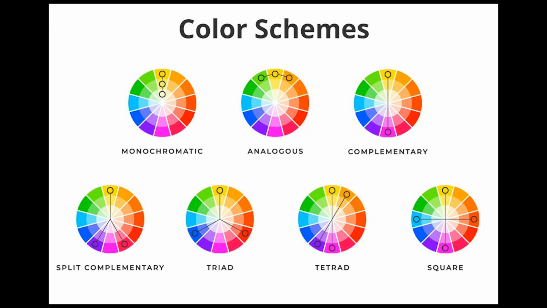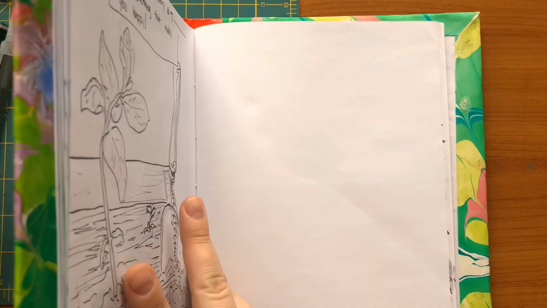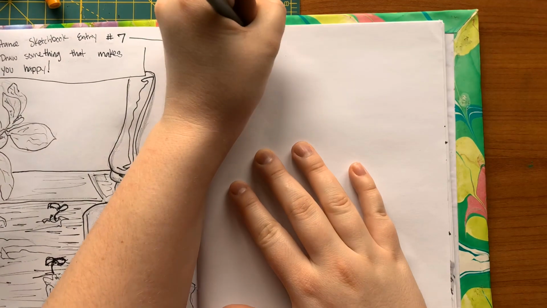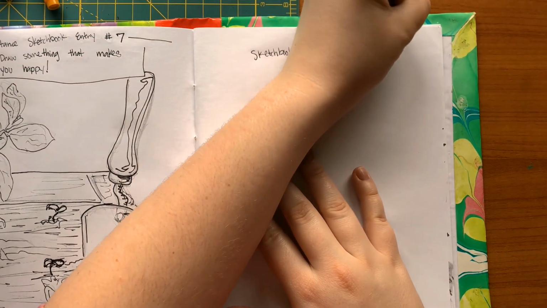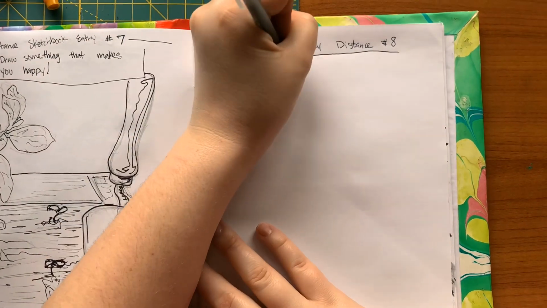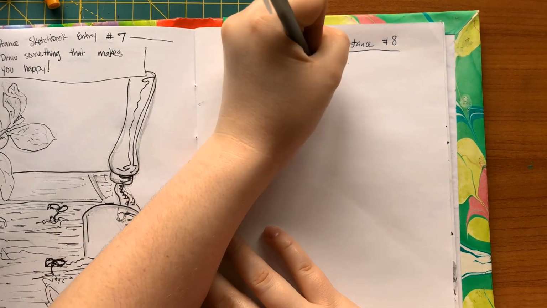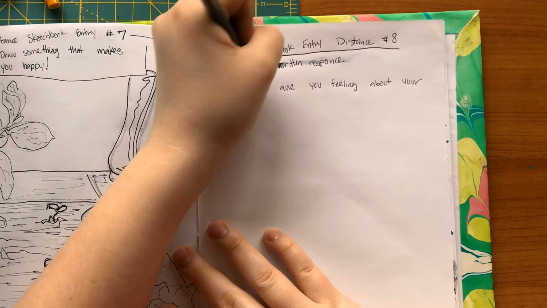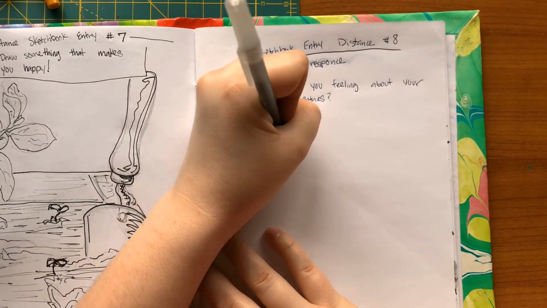To get us moving in today's assignment, it's a pretty simple entry for today. For the sketchbook entry, it's going to be sketchbook 8. What I want you to do is make a written reflection. You can talk about what your feelings are on the sketchbook entries and how those have been going so far.